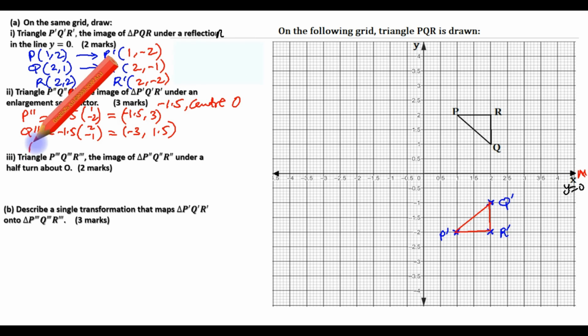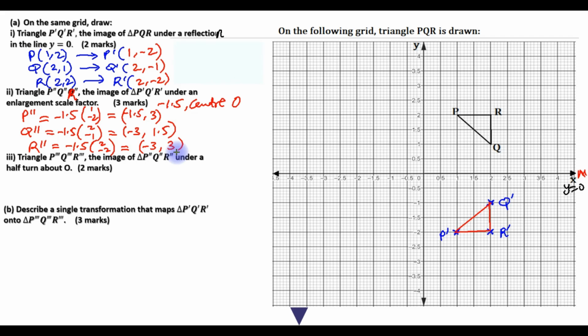And lastly, R double prime will be the scale factor of minus 1.5 times R prime, which is (2, -2), so the coordinates will be (-3, 3).